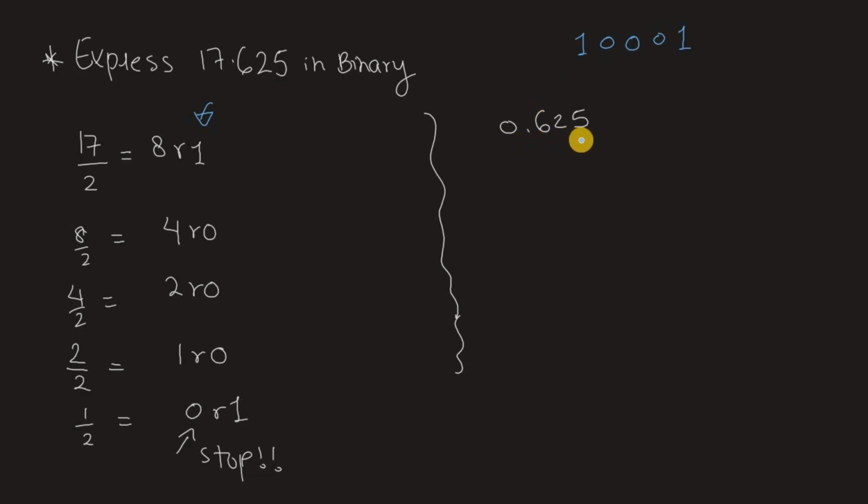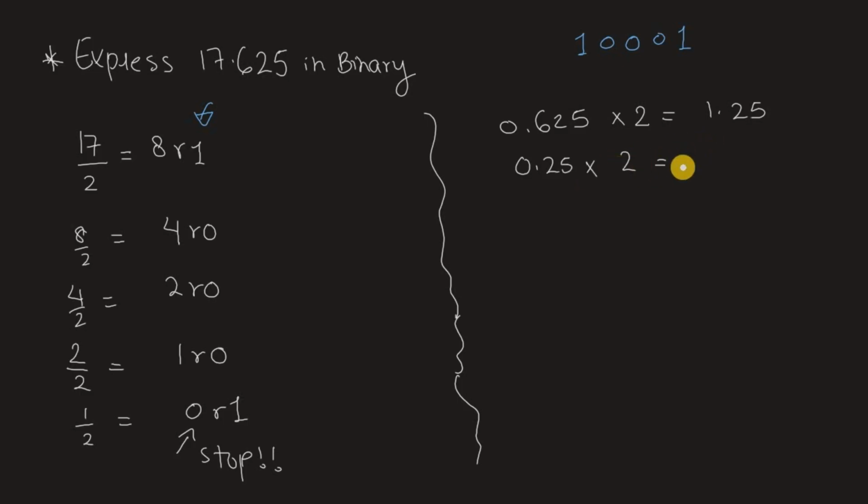Now you have 0.625. To convert the decimal part into binary, you're not going to divide, you're going to multiply by 2. So if you multiply this by 2, you get 1.25. Now you take this decimal number again and multiply by 2 again: 0.25 times 2.